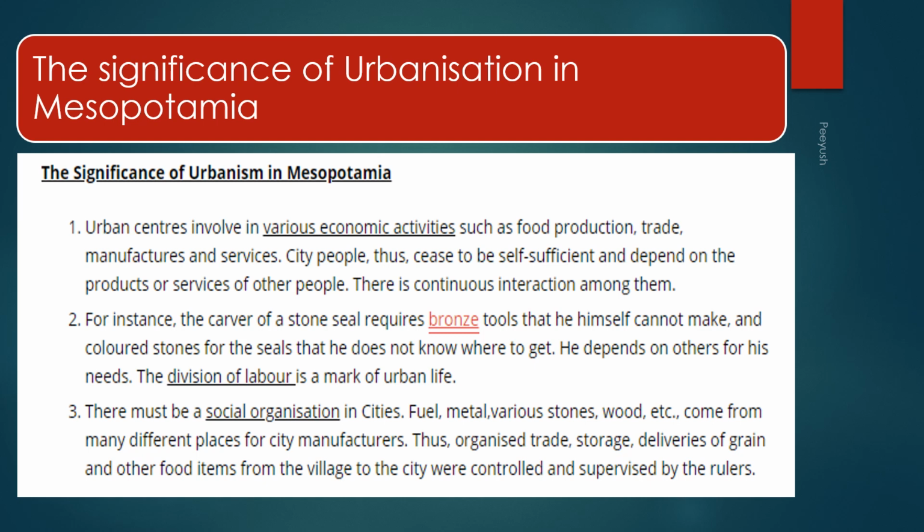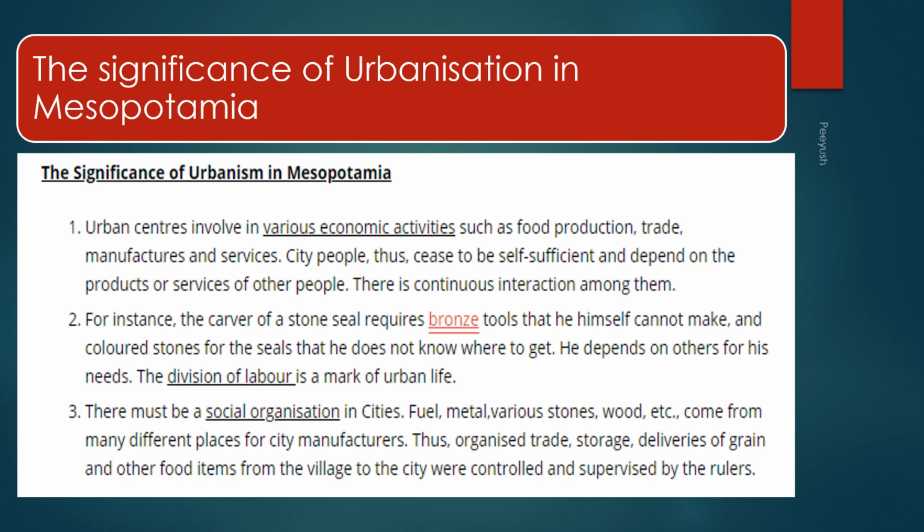The next point is social organization in cities. Fuel, metal, various stones, wood, etc. come from many different places for city manufacturers.